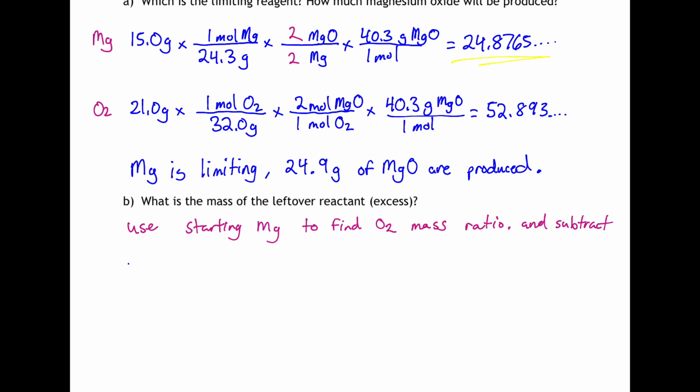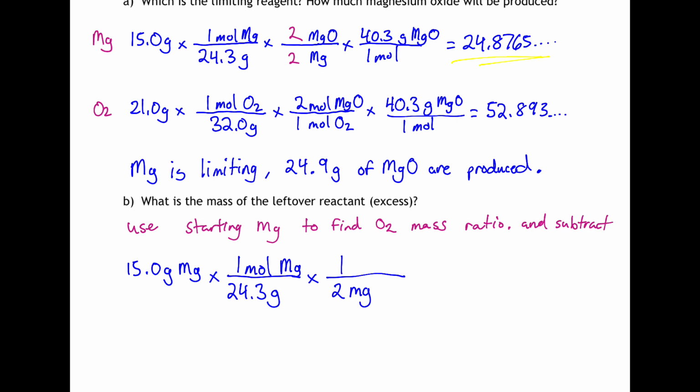So starting with 15.0 grams magnesium multiplied by the mass, 24.3 grams for 1 mole of magnesium. Then we'll do our ratio step, which will be 2 moles Mg and 1 mole O2.